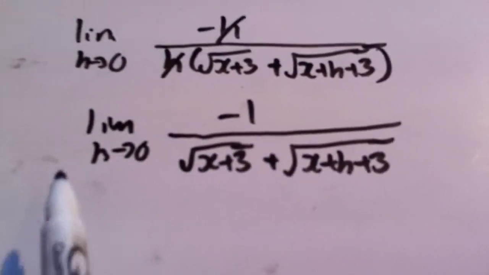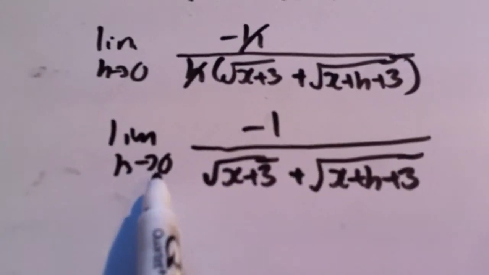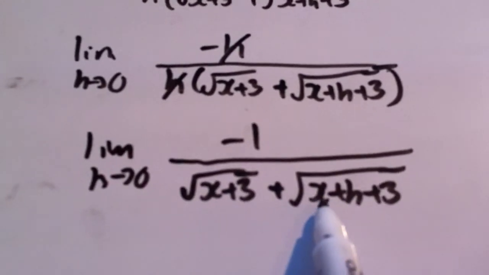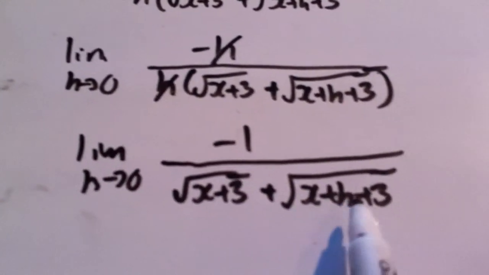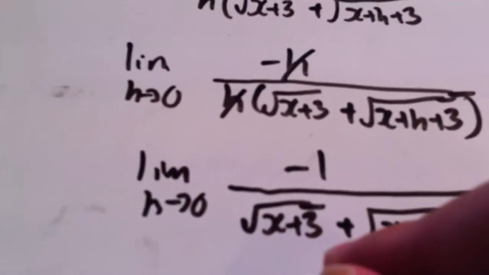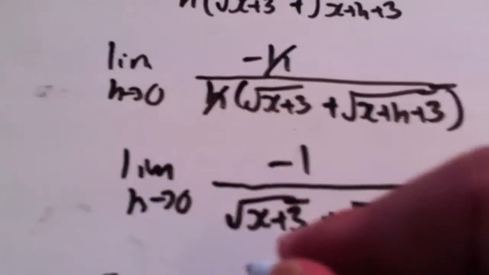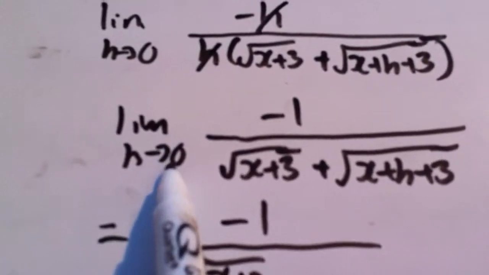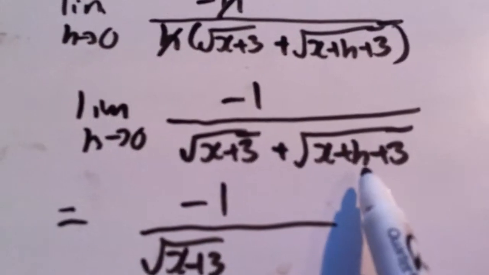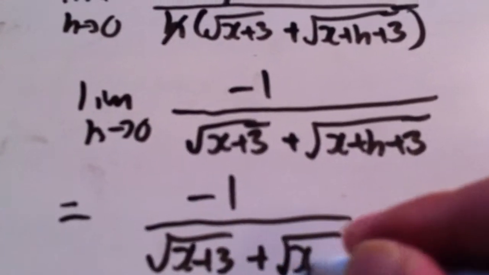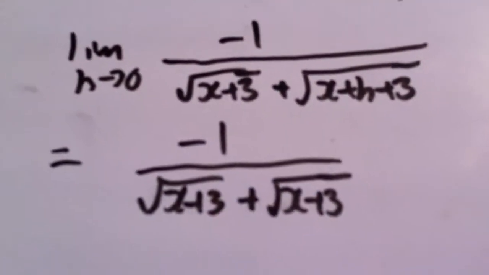Okay, so since this says the limit as h approaches 0, we can substitute 0 for h, and here we'd have just x plus 3 rooted. So this would be equal to minus 1 over root of x plus 3 plus root of x plus 3. So we don't have to write limit anymore because we're going to put in 0 for h.